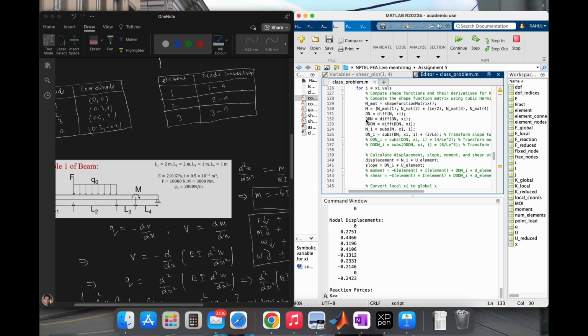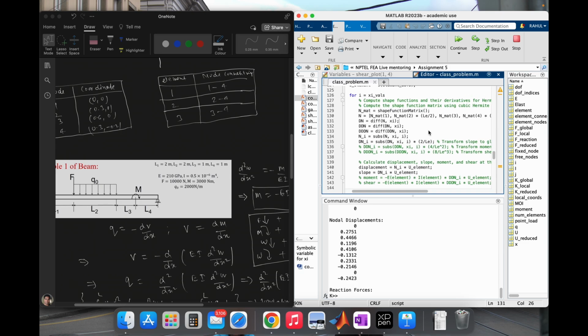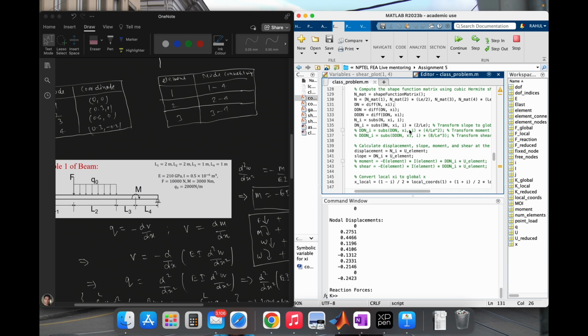I am differentiating twice to get the moment, and using the single derivative to get the slope. So that's why I have differentiated N one time, two times, and three times.